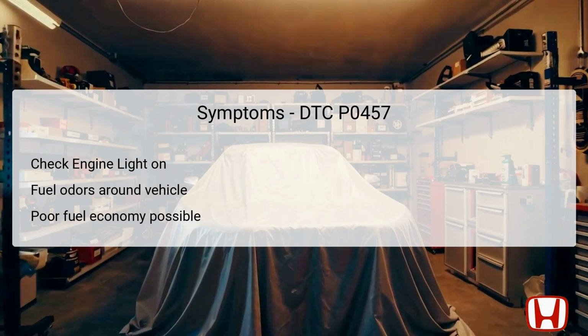Fuel vapors escaping can create a noticeable smell, which may indicate a risk of emissions violations. Another potential symptom could be decreased fuel economy, as a malfunctioning EVAP system can lead to inefficient fuel usage. Each of these symptoms can negatively affect the overall driving experience and should not be ignored, as they may hint at a more significant underlying issue.